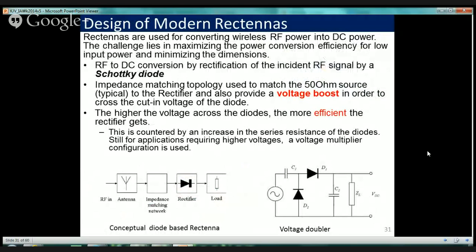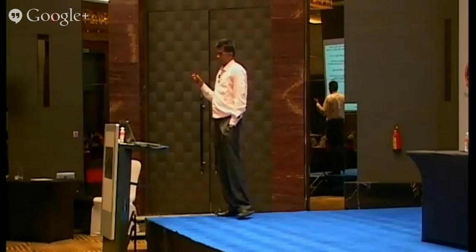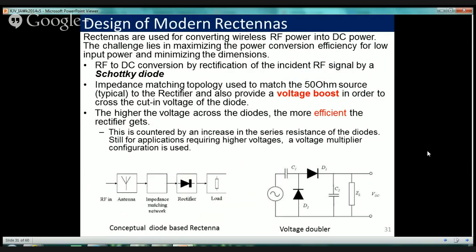So in wireless power transfer, the key is that you have an antenna and a rectifier. The design of that as a joint system is what determines the efficiency of the system. We normally design an antenna for 50 ohms as the input impedance. We have a diode, and we have a load, let's say a capacitor, which is reactive.